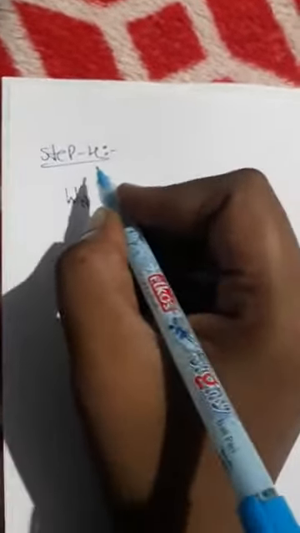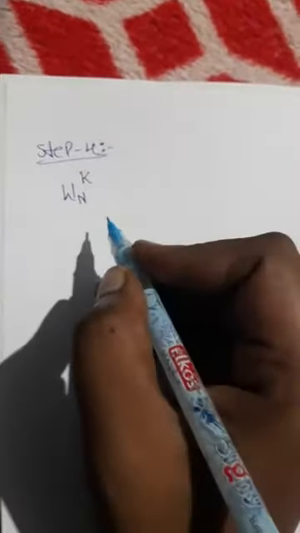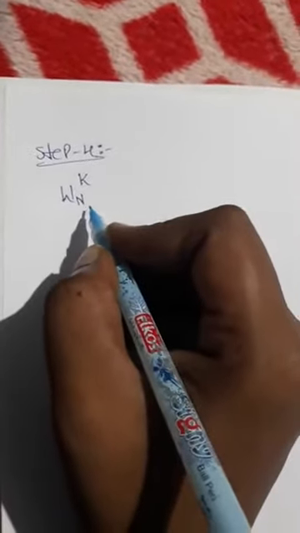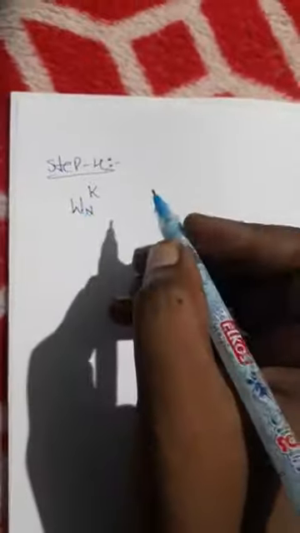And next is step 4. In step 4, we will calculate the twiddle factor values. The twiddle factor is W suffix N and prefix k.